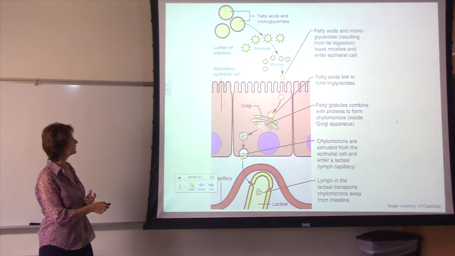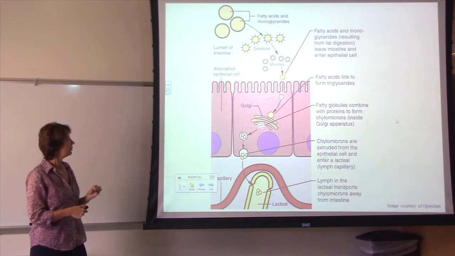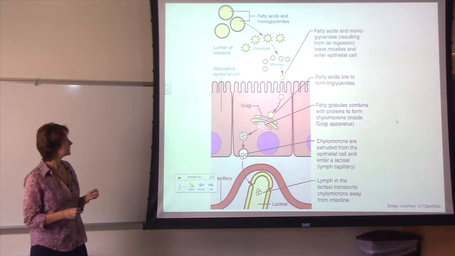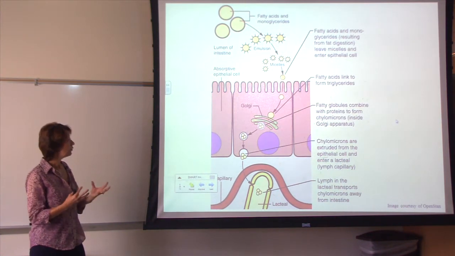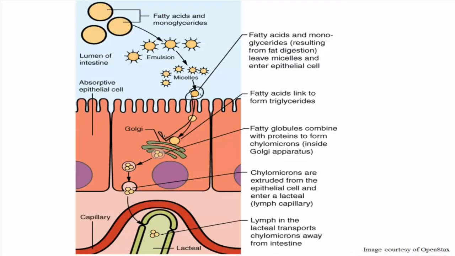Within those cells lining the duodenum, which are the simple columnar epithelium, those micelles get broken apart and they reform with some proteins into a lipid core with some proteins around the outside called chylomicrons.